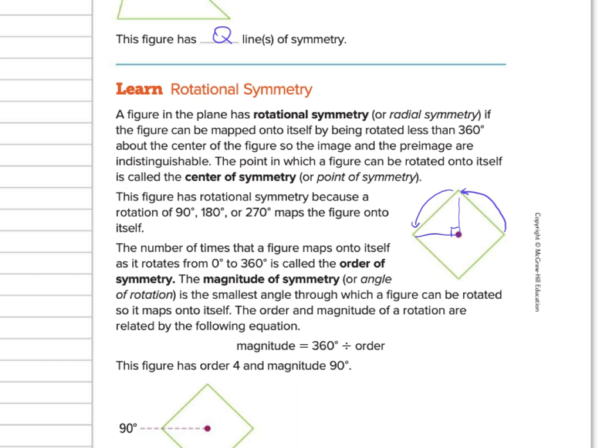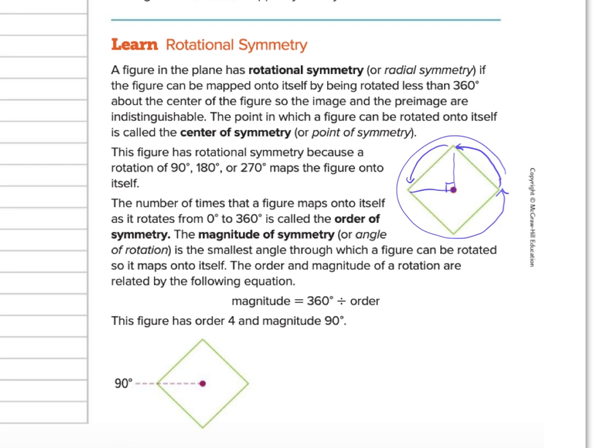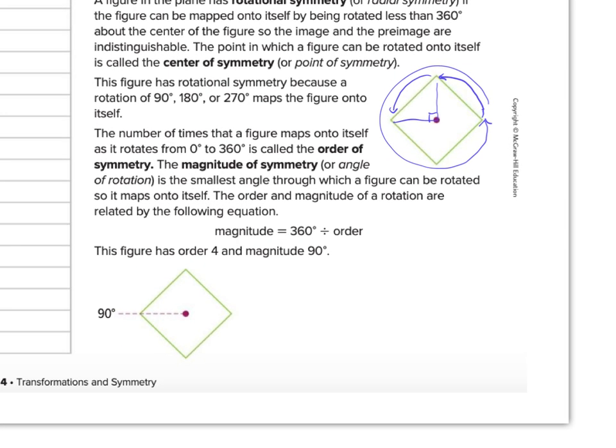They would look at this and ask, how many times? That would be my order, which is 4. And then my magnitude would be that 360 degree rotation divided by 4, so my magnitude is 90 degrees, which means every 90 degrees when I rotate it, it looks like itself again. It's indistinguishable from the pre-image. Okay, so that's what they're talking about there.